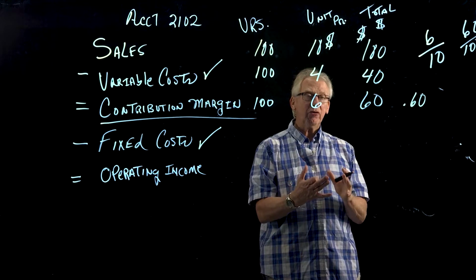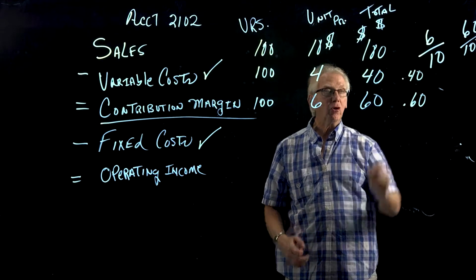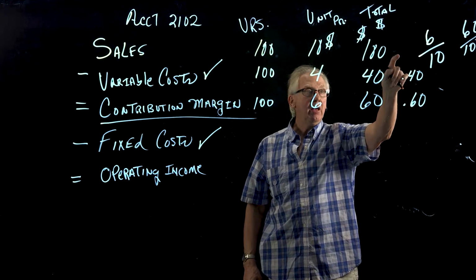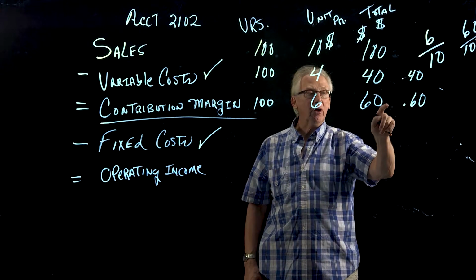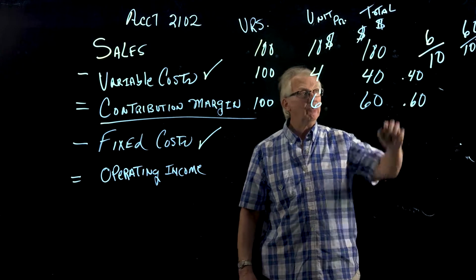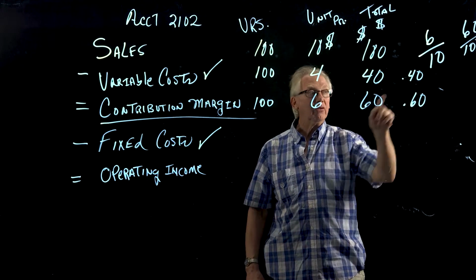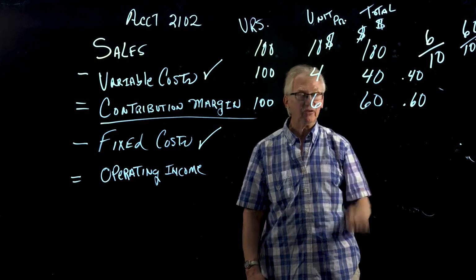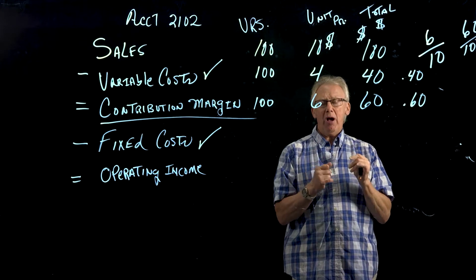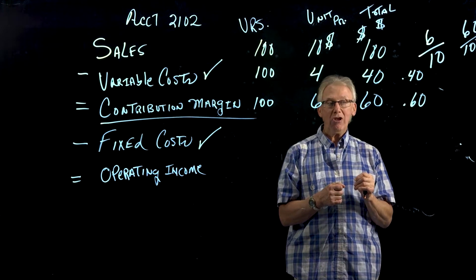Now, if the contribution margin ratio is 60%, the variable cost ratio has to be 40% because both variable cost and contribution margin have to equal the sales. Okay, so the sales then is 100%, 4 over 10 is 40%, and 6 over 10 is 60%. So keep in mind, a lot of problems will ask you to figure out the contribution margin ratio.